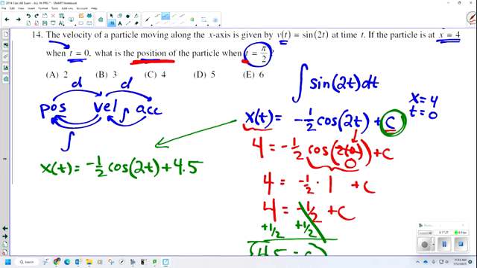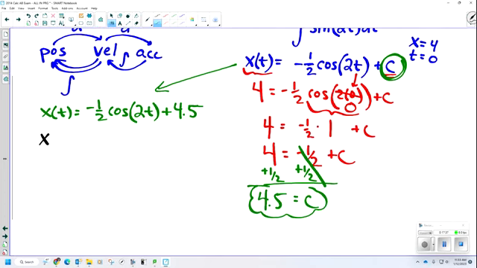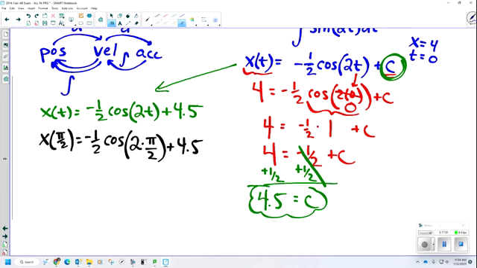Now, using this position formula, what's the position at time pi over 2? When time is pi over 2, we have negative 1/2 cosine of 2 times pi over 2 plus 4.5. Let's do the obvious. These two cancel. Again, know your basic values of trig.